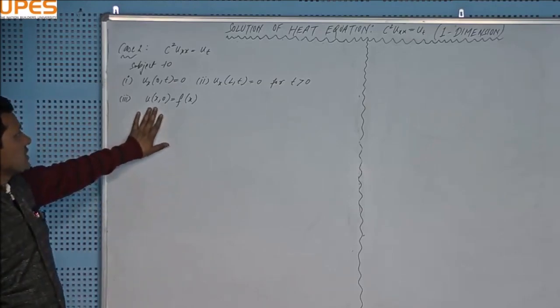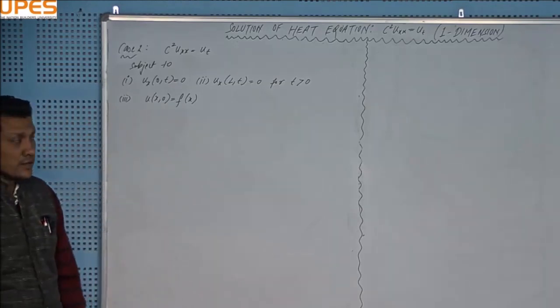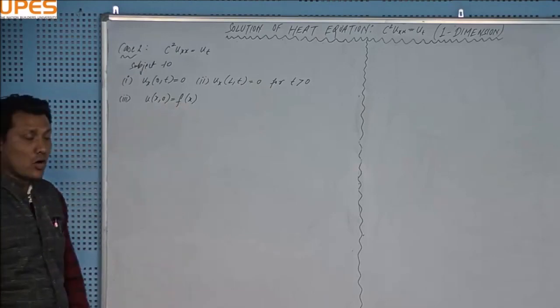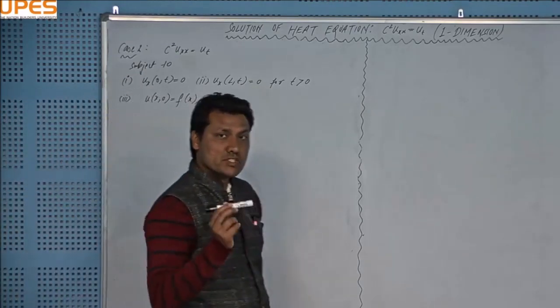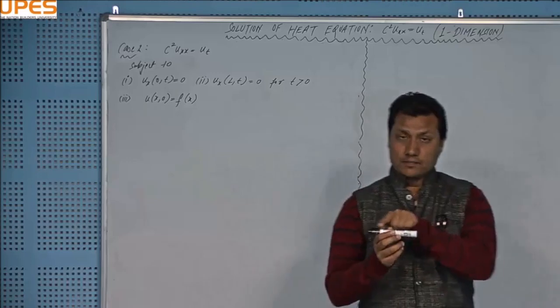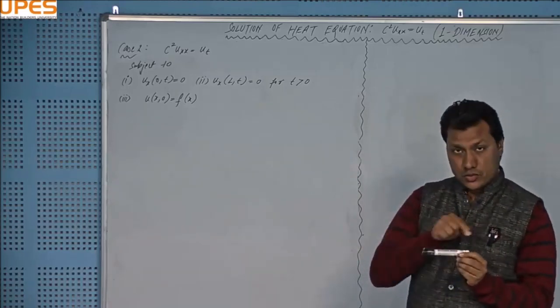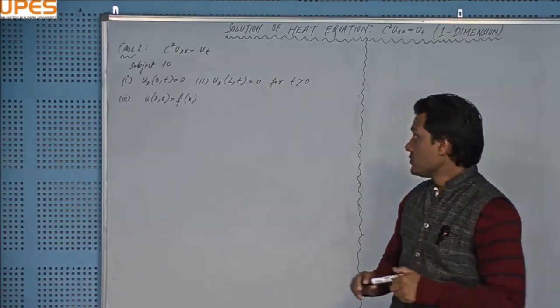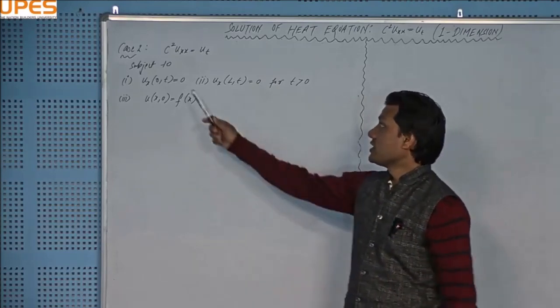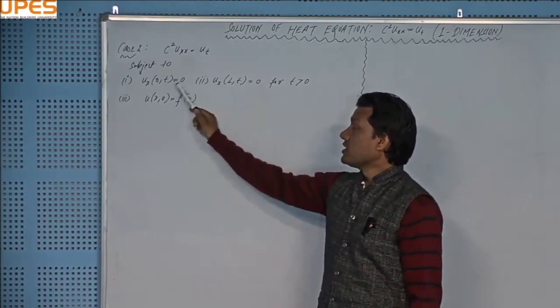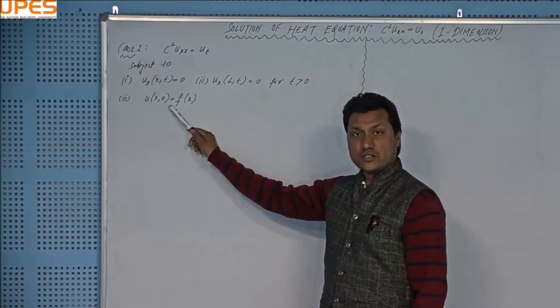And this is the same condition we were using, the initial temperature distribution. The rod has to be maintained at some temperature initially in order to allow the flow of heat throughout its length. So this is the initial condition, and these are the two boundary conditions for the ends.